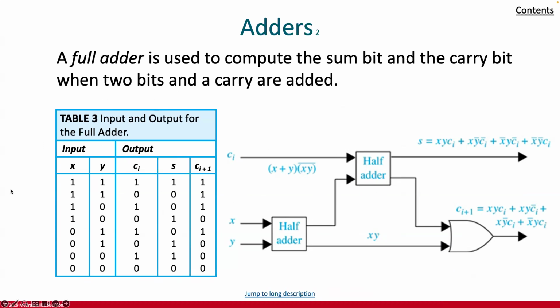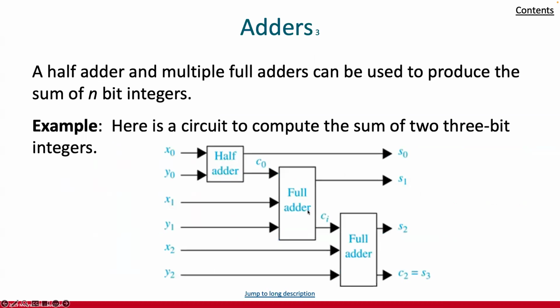The inputs, and we have the output. So this is what a full adder is like. We have two half adders and an OR gate to complement the hardware that we would be using for all of that. And let's say we wanted to add 3 bits, this gives an example.